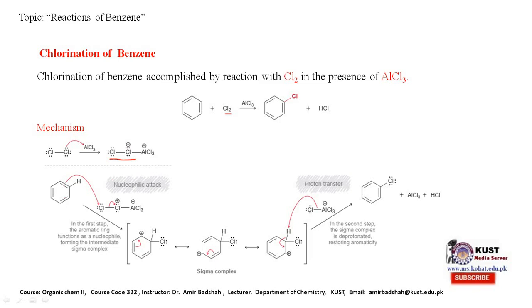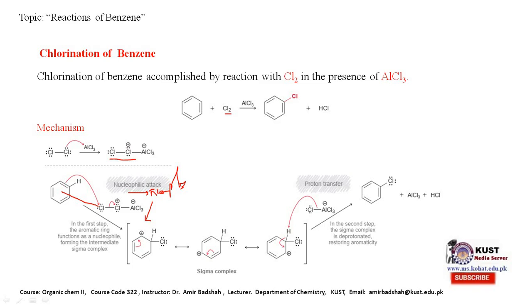In the next step, again a pi complex is formed as we have discussed already, and then this pi complex is converted into a sigma complex. In the pi complex there is only an interaction between the electronic cloud and the electrophile.